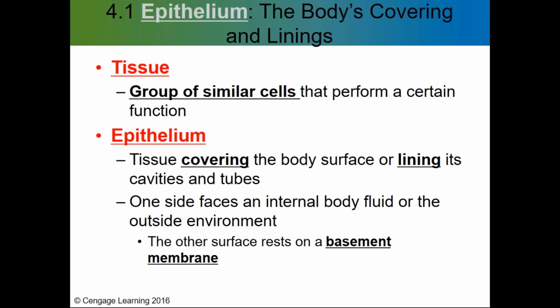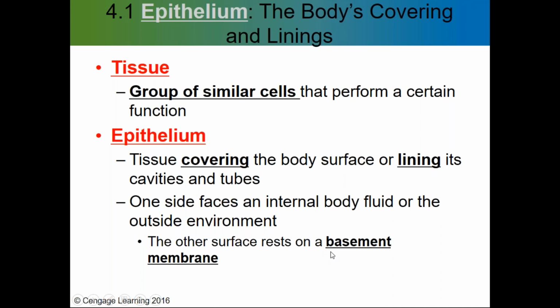So for epithelial tissue, I said to really focus on the fact that it covers and lines structures. It covers the body surface, say the skin, and lines cavities and tubes, say the organs of the body, as well as tubes like the digestive system and blood vessels. Okay, that would be a good example. And know that the bottom of the epithelial tissue is anchored via the basement membrane.